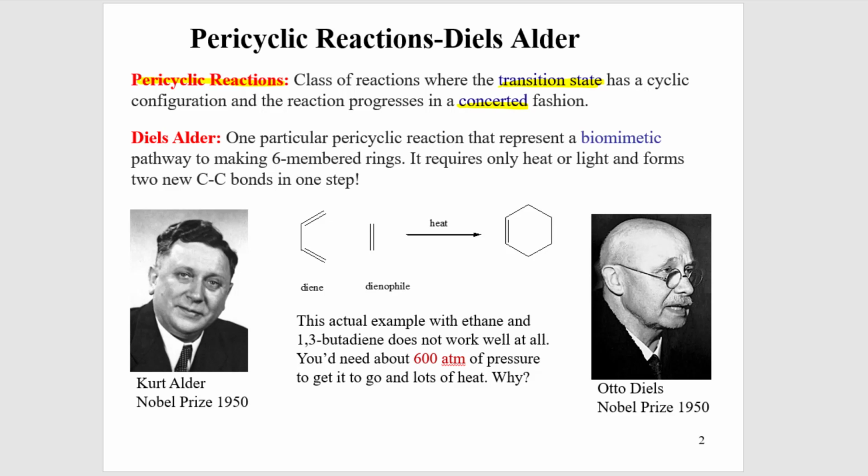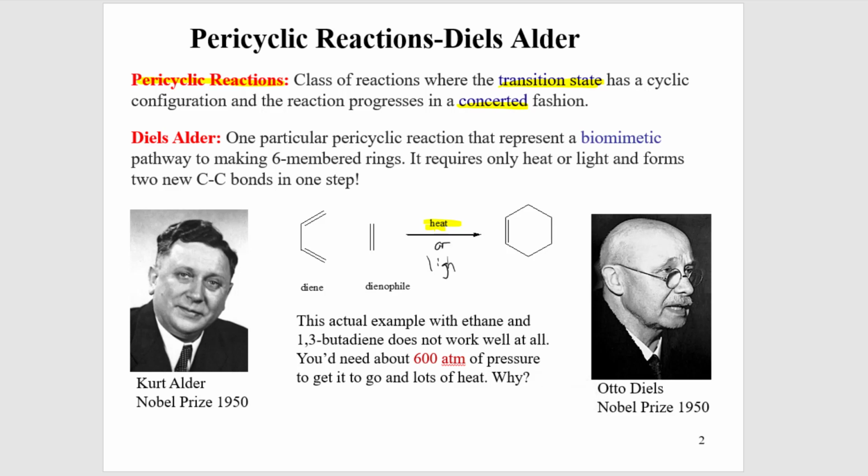The other thing, if you haven't recognized it yet, is that there's a lot of difficulty and challenge in making new carbon-carbon bonds. And so this reaction is one pot and two new carbon-carbon bonds are made. And you'll also notice that you're not really doing it under strongly acidic or strongly basic conditions. Most of the time you just need heat or light.